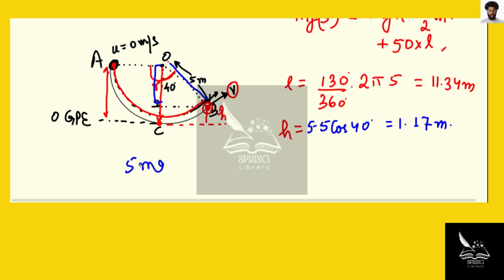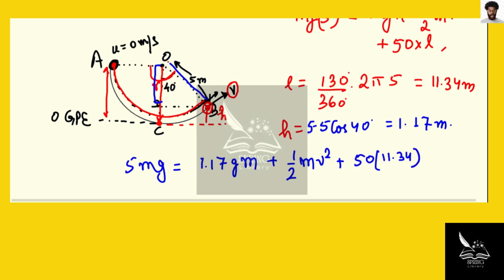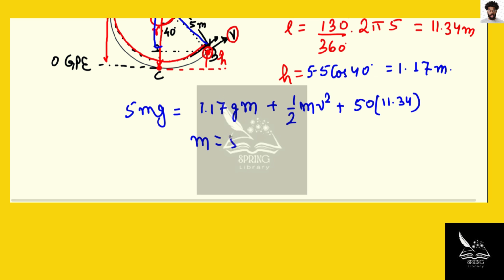5 mg is equal to mg into vertical height, that's 1.17 times g, h is already substituted, so m will remain here, plus half mv square plus 50 times L, that's 50 times 11.34. Also here we have been given the total mass of the skateboarder, including the skateboard, is 50 kg. So let's substitute m as 50 kg here.